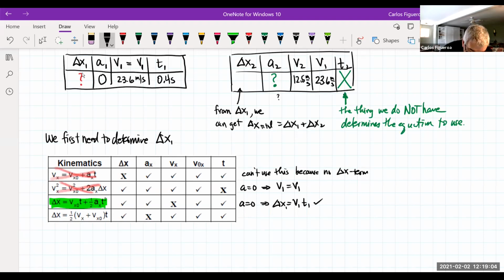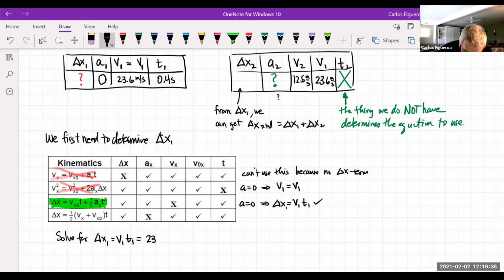Then I'm going to solve for delta x, which is v1 times t1. I'm going right off my table, so this is going to be 0.4 seconds times, let me make sure I get this right. What are my values?